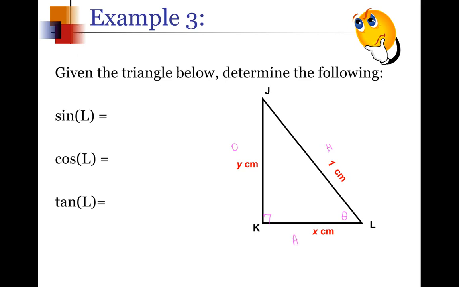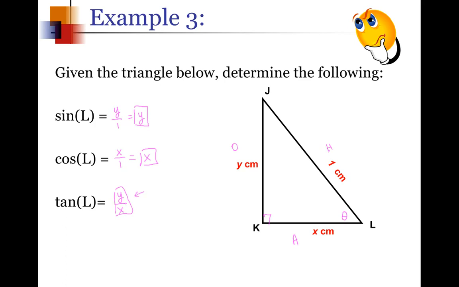So sine is opposite over hypotenuse, so it's just going to be y over 1, which is just going to be y. Cosine, adjacent over hypotenuse, x over 1, which is just going to be x. Tangent is opposite over adjacent, so it's going to be y over x.